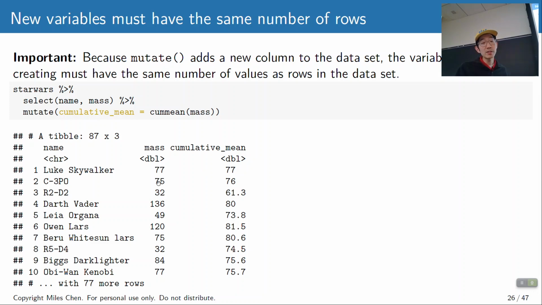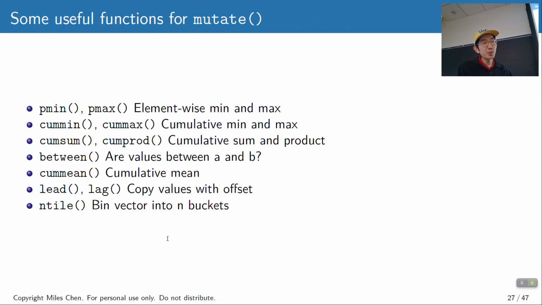So between 77, 75, and 32, the cumulative mean is 61.3. Then we see 136, and our cumulative mean is now 80, and so on and so forth. These values aren't arranged in any kind of order, so the cumulative mean is probably useless. But if you have some kind of time series information, cumulative mean is a little bit more useful. Okay, here's a bunch more. These are what we call window functions.